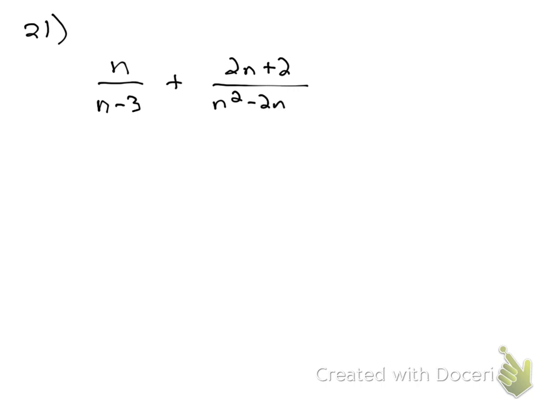Oh, there we go. 21. We got n over n minus 3 plus 2n plus 2 over n squared minus 2n minus 3. So if I factor that, that would be n minus 3 times n plus 1. So I need to multiply the left side by n plus 1.